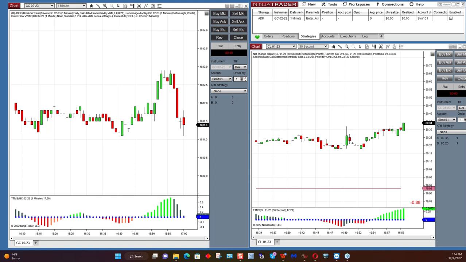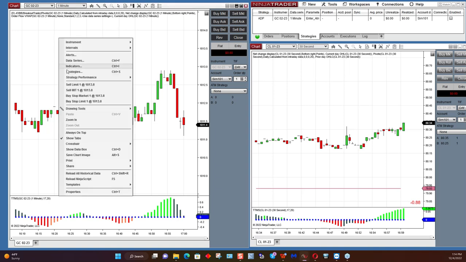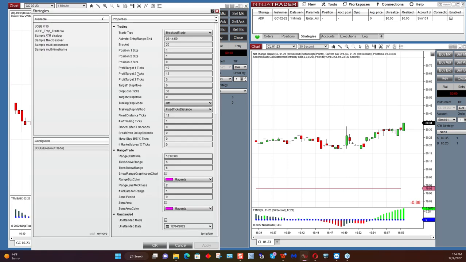What Pat means by a template is you could set up a trade, the target, the stop, the entry, and you could go to template down here and save that setup and give it a name, ADP, and then you have your ADP trade set up so you don't have to type it in again.